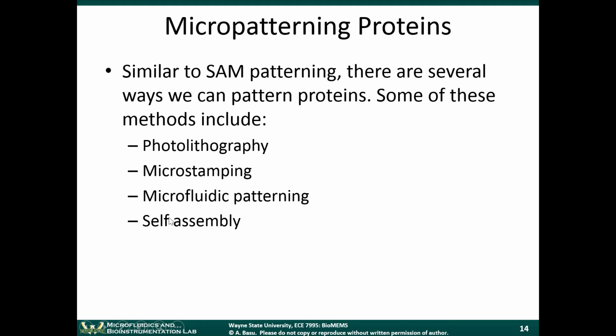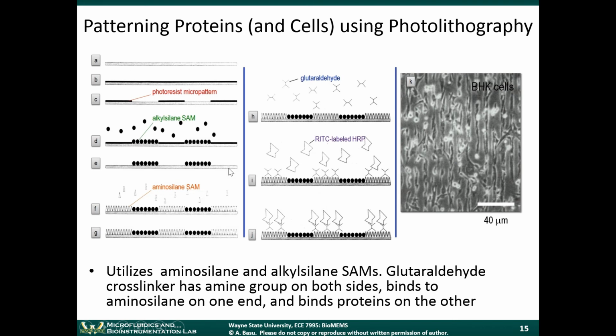You'll see a lot of these techniques, in some ways they make sense. They're related to things that we talked about in the previous module and in last class. So if you want to pattern proteins and cells using photolithography, you can use this type of process here.